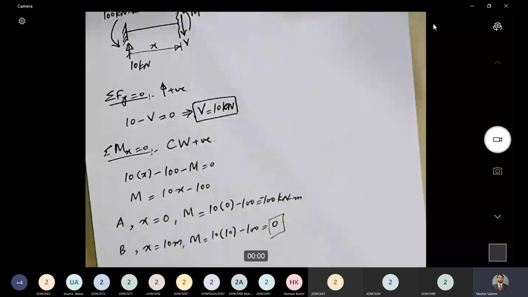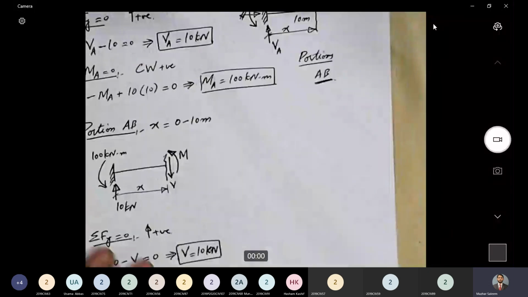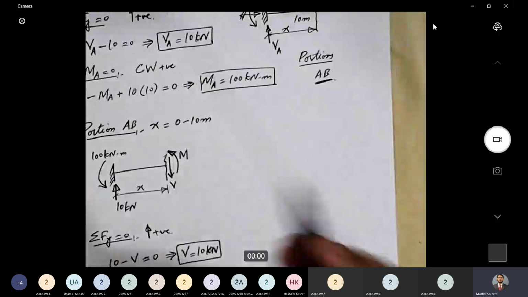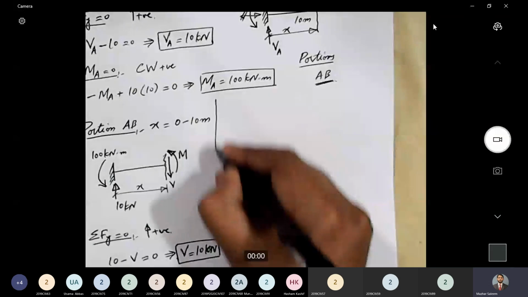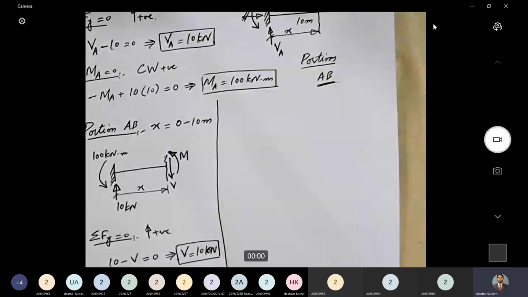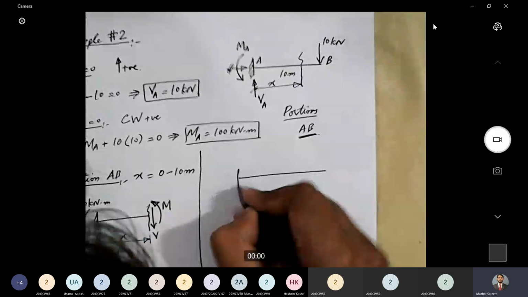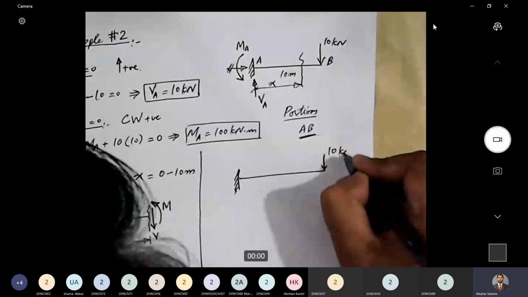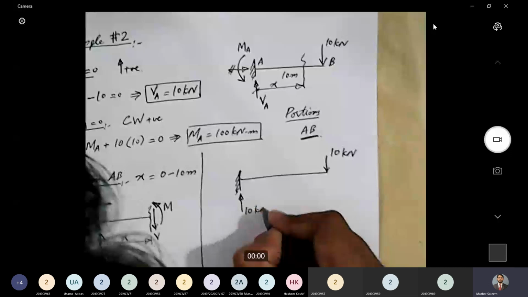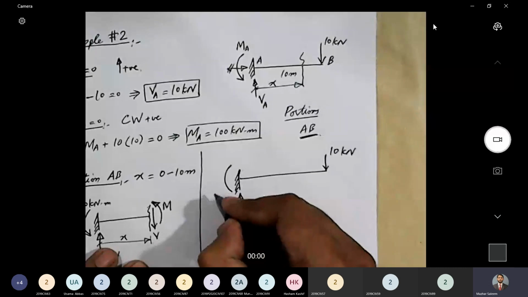Now let's draw shear force diagram and bending moment diagram. For that, I will draw the beam again. Here is the beam. 10 kilonewton force, reaction 10 kilonewton. This reaction is 100 kilonewton meter.